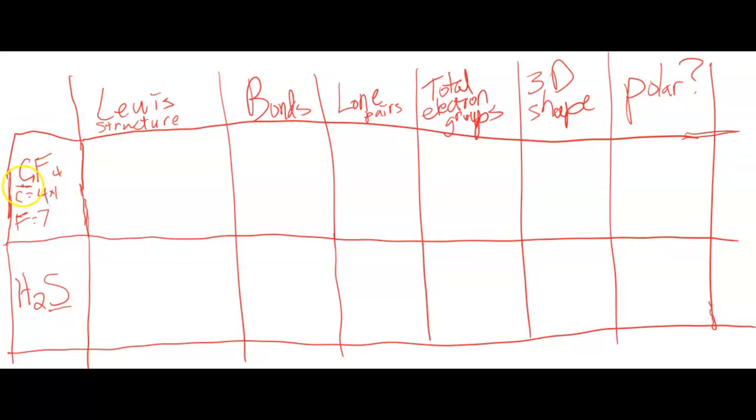Fluorine has 4 atoms. 4 times 1 gives us 4 electrons from the carbon. 7 times 4 is 28 from the fluorine. Remember, we're only looking at the valence electrons. So our structure is going to have 32 valence electrons in it.